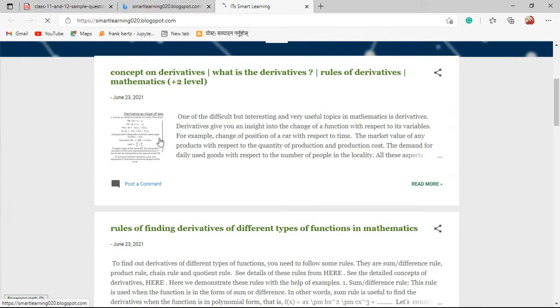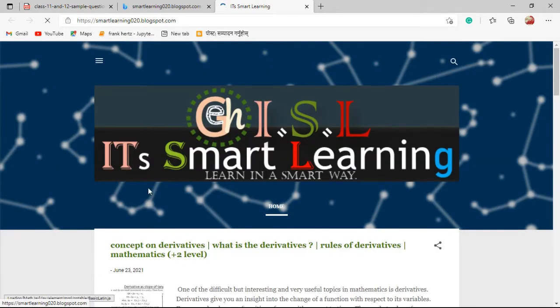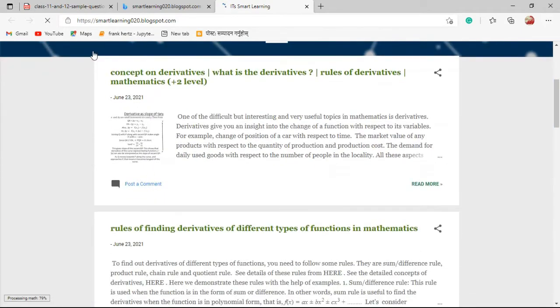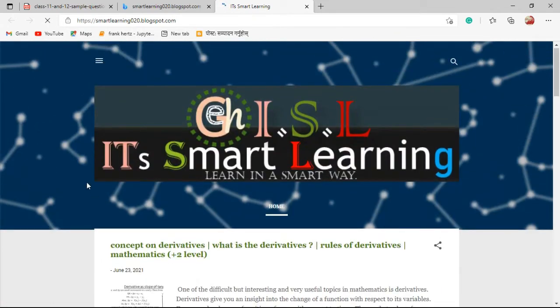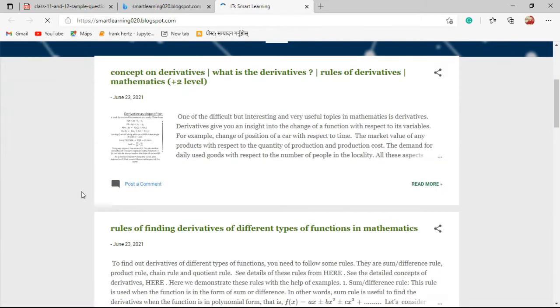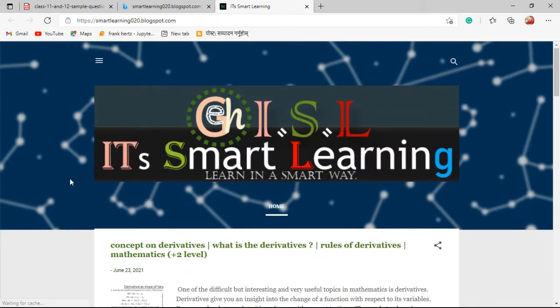According to the time or date you visit this site, the post may be different, as you are seeing here. Don't worry about that.